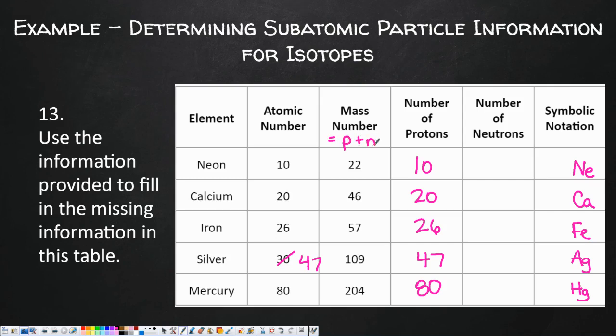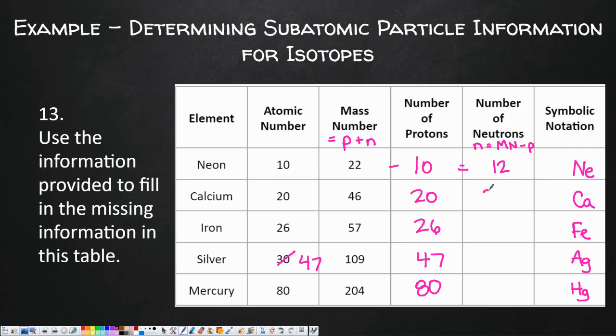So if I want to find out how many neutrons I have, that's equal to my mass number minus my protons. Weird, it's like I set the table up this way on purpose. So now all you have to do is take your mass number minus your number of protons, and that should give you the neutrons. Questions there?